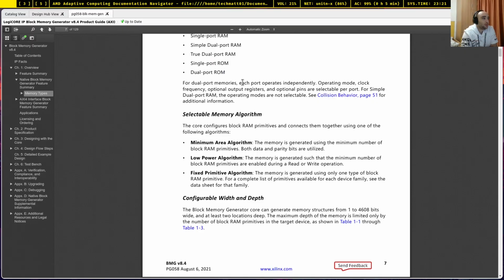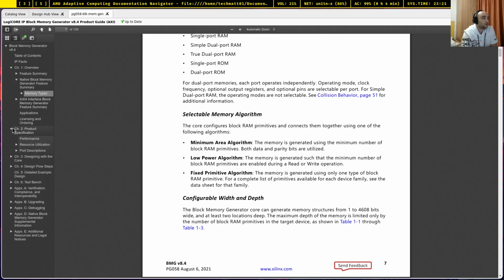For dual port memories, each port operates independently. Yes. Operating mode, clock frequency, optional output registers and optional pins are selectable per port. For a simple dual port RAM, the operating modes are not selectable. Okay. Oh, there is performance here.